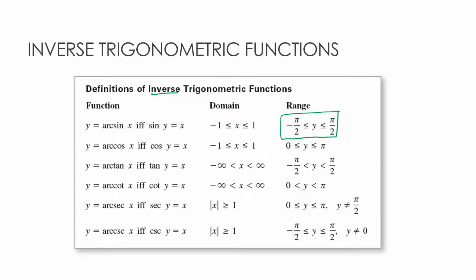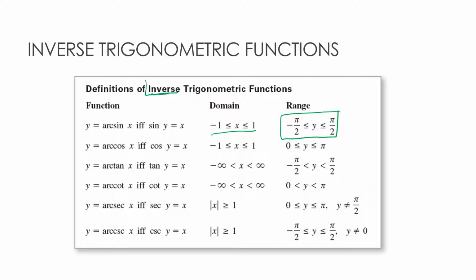Now why is it y? Because this is the inverse, so these are now backwards. The domain will go from negative 1 to 1, which makes sense, because in my original function, my range went from negative 1 to 1 because it oscillated between those two values.